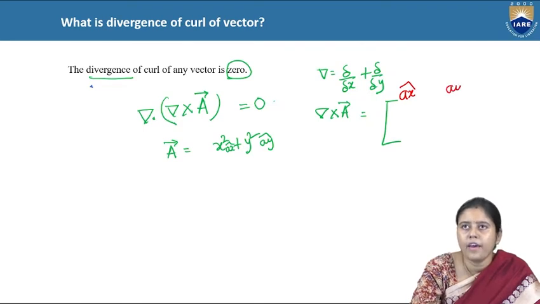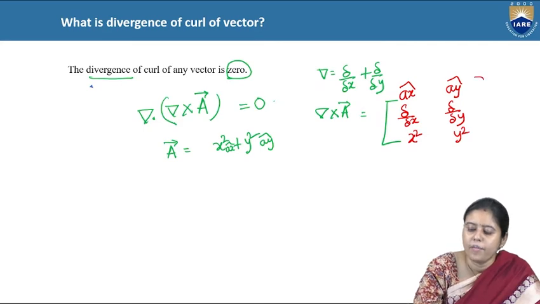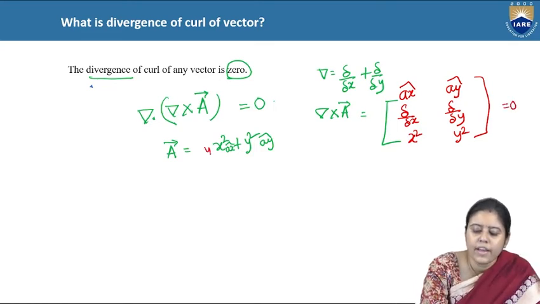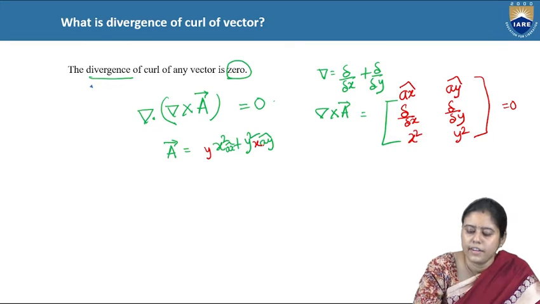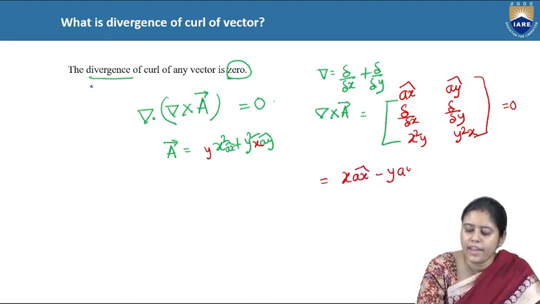Ax ay, del by del x, del by del y, x square ax plus y square ay. So what will be the value? For this, it is coming 0 here. So the result is x ax minus y ay.